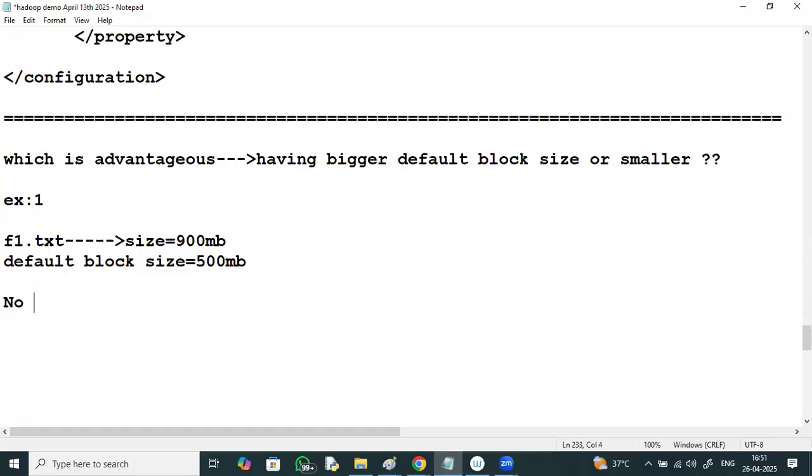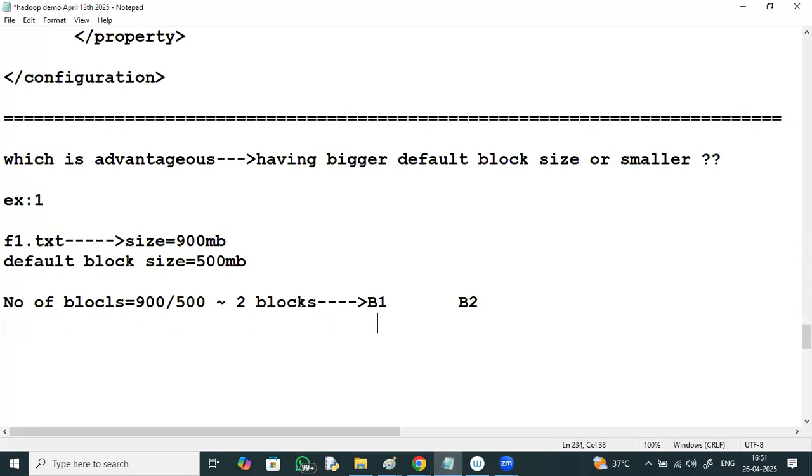How many blocks will you get? 900 by 500, approximately 2 blocks. B1, B2.